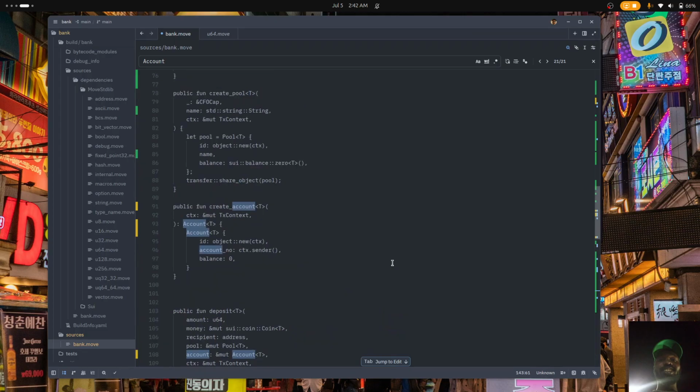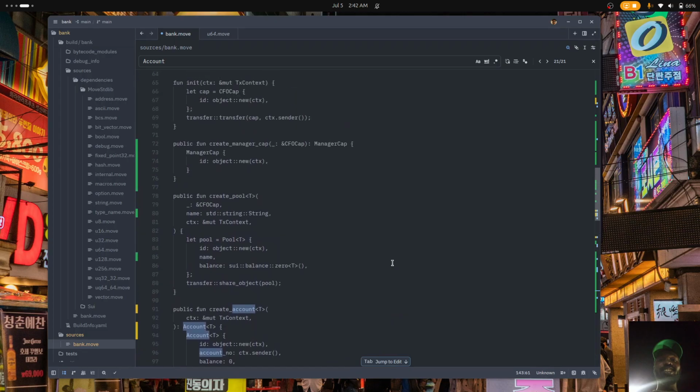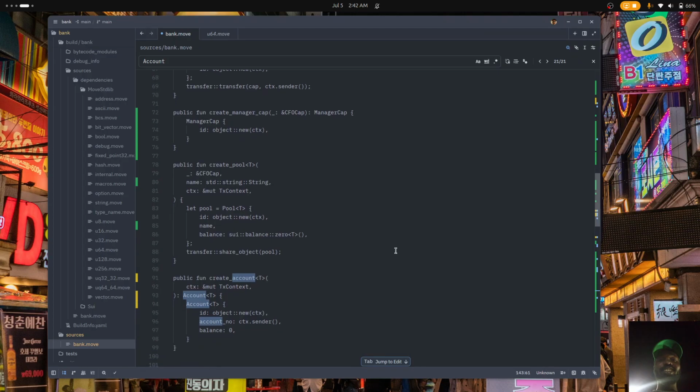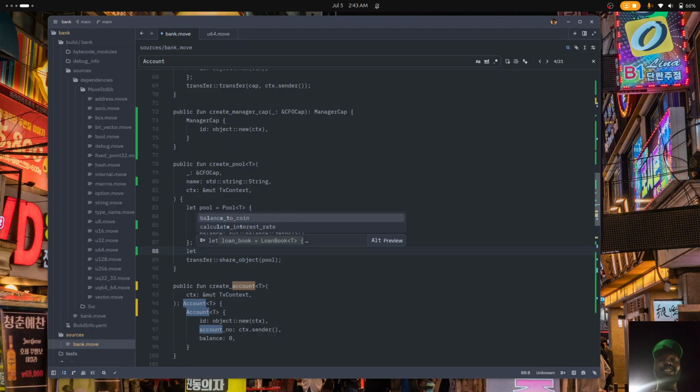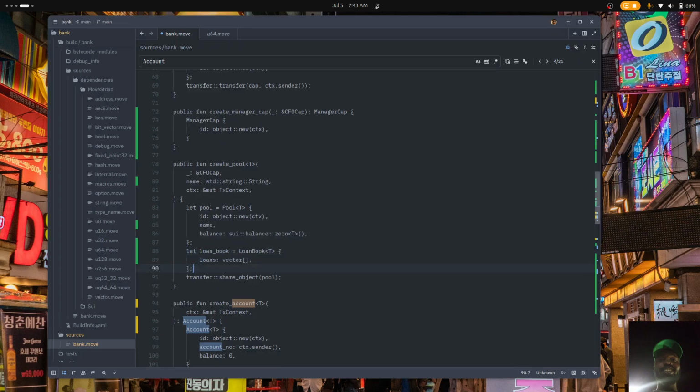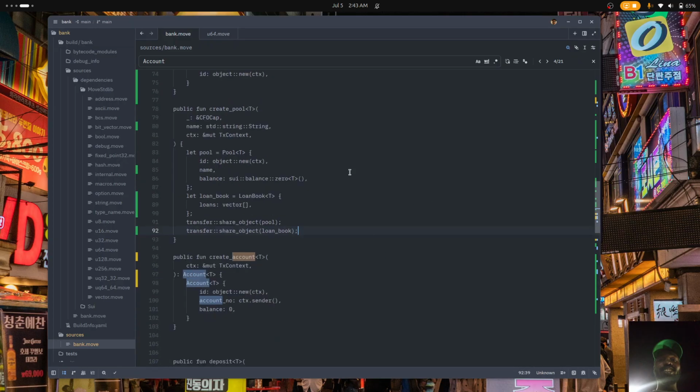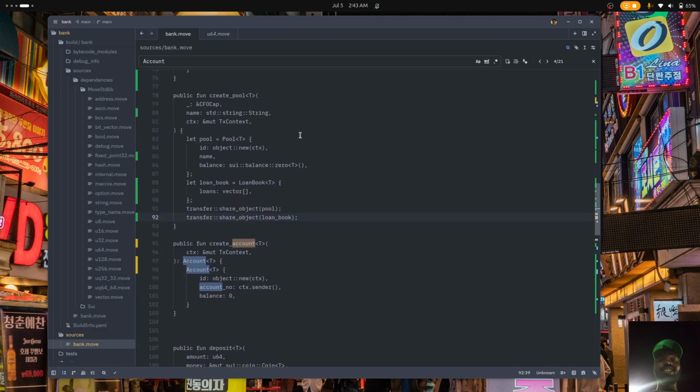Let me see where the pool has been created. Create pool, create pool. Yes, you need to create a loan book for it as well.